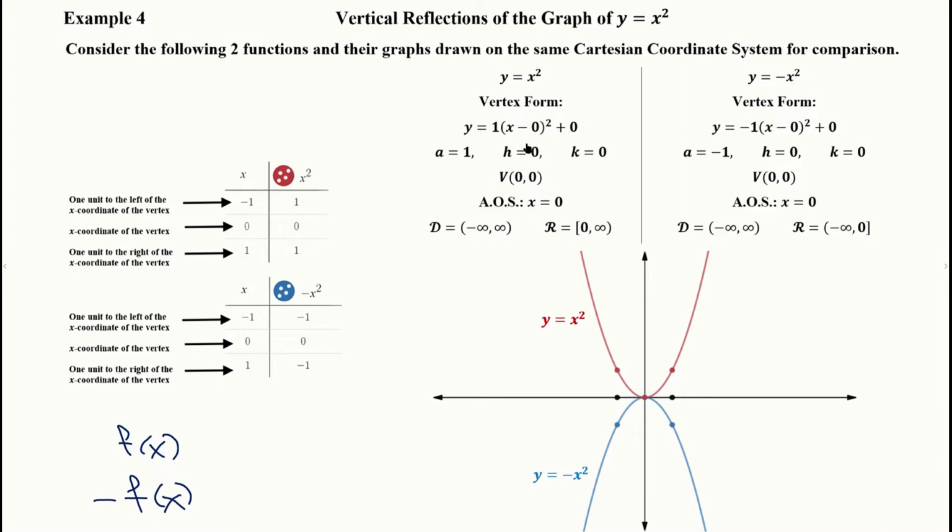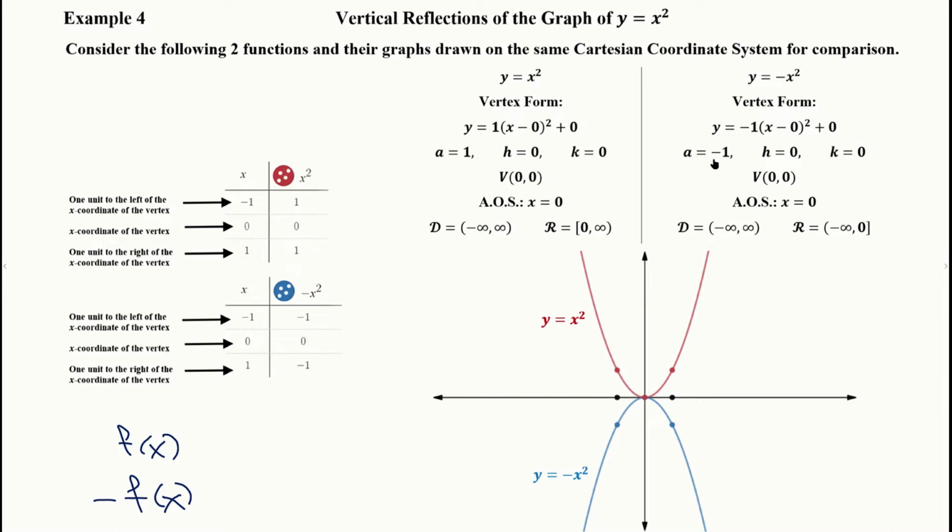All right, so notice we can write this as 1 times x minus 0 squared plus 0. So the h and k are both 0. The vertex is at (0, 0). A is 1, so it's going to have the same width as the graph of x squared. Obviously, this is our standard base graph, so we knew all that, right?